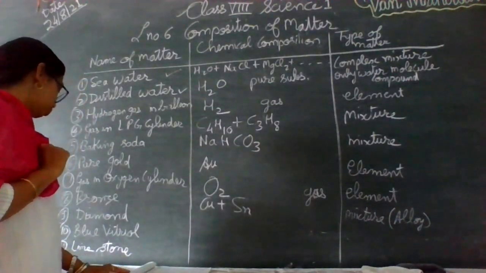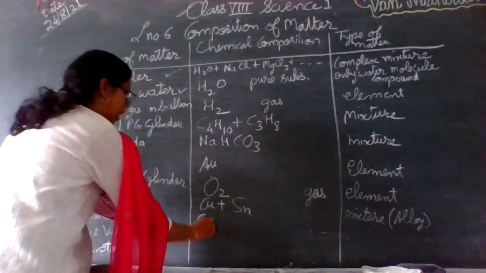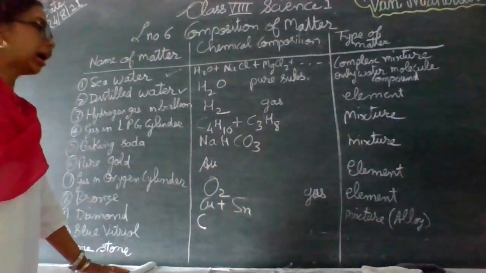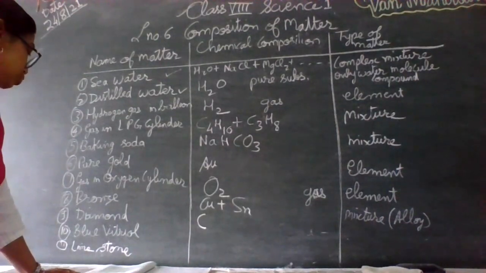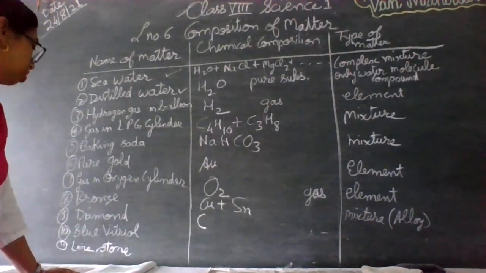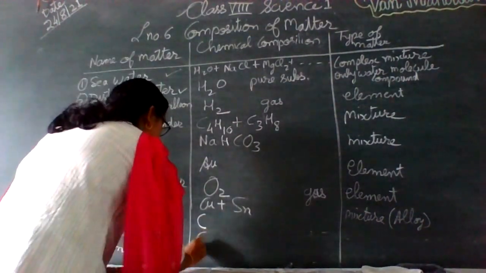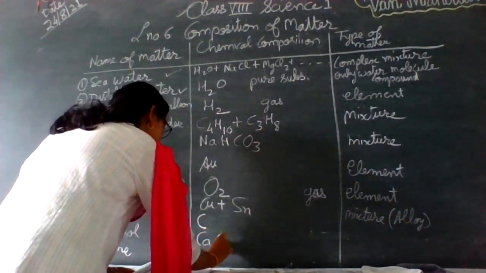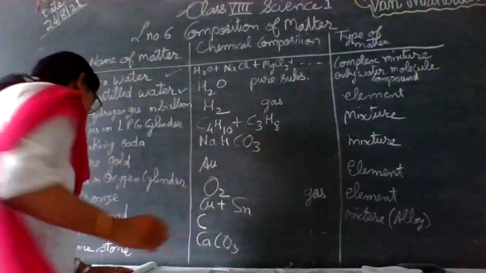Okay. Ninth one is a diamond. Diamond is made up of carbon only, and carbon is an element. It's not a mixture, it's not a compound. Next one, blue vitriol. The chemical composition given is calcium carbonate, CaCO3.